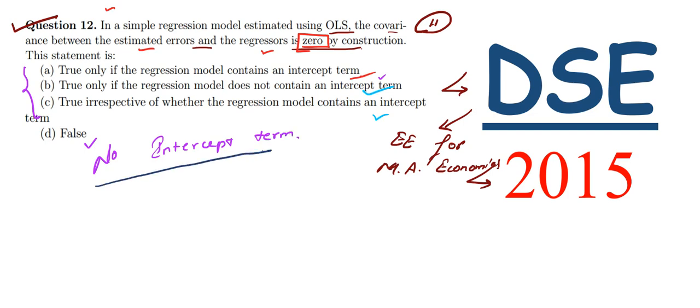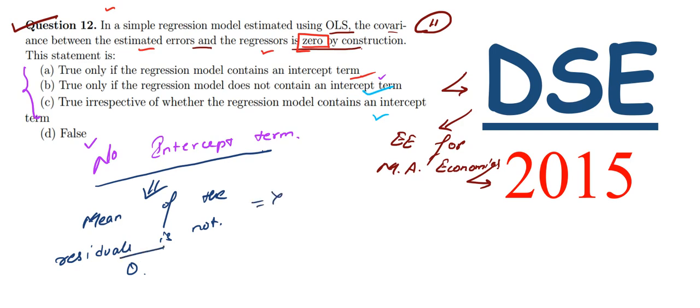No intercept term means the mean of the residuals is not 0. This means the average of the residuals is not 0. Hence, since the residuals do not average to 0, the covariance need not be 0 anymore.